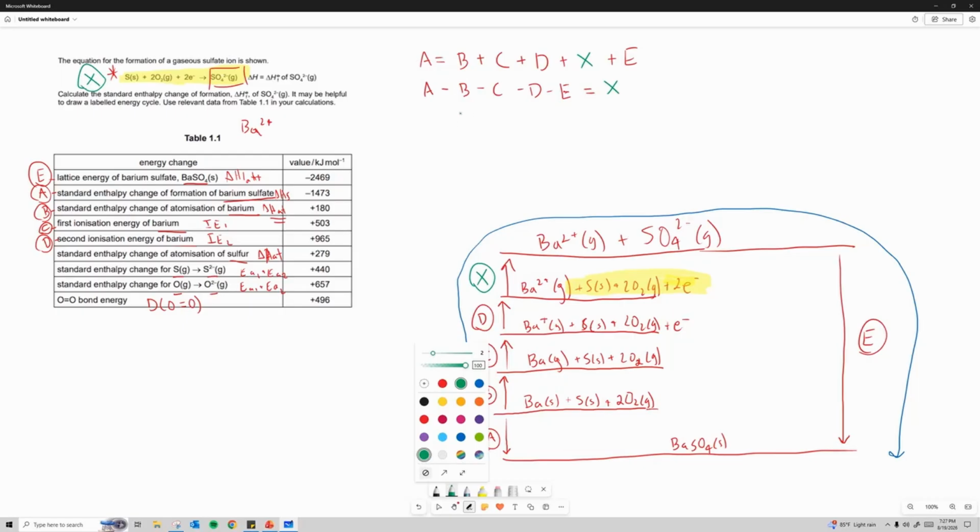Now I just need to solve this problem. I need to plug in all my numbers. What is A? If we look here, A is negative 1473.